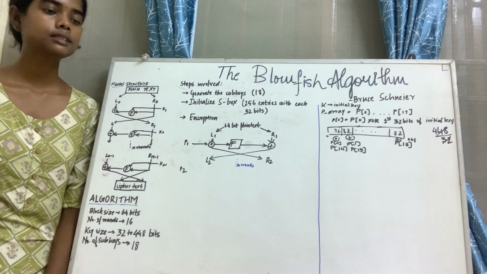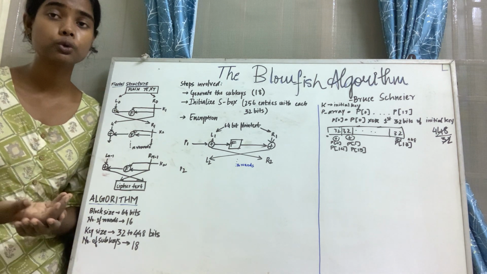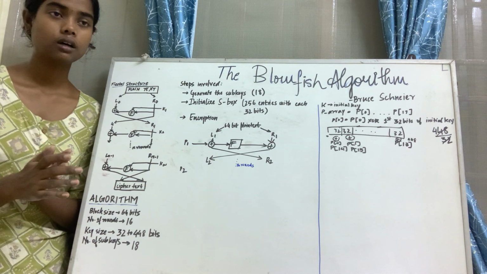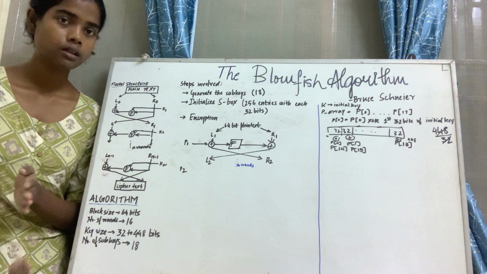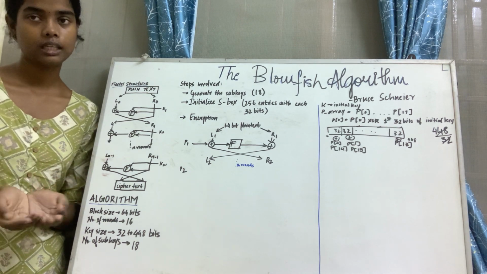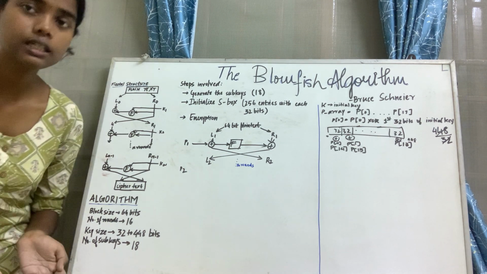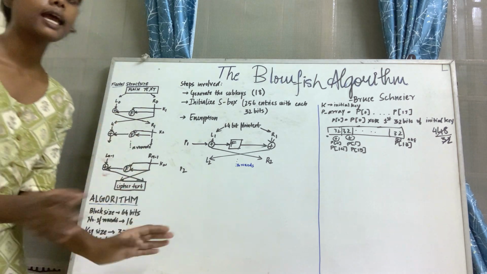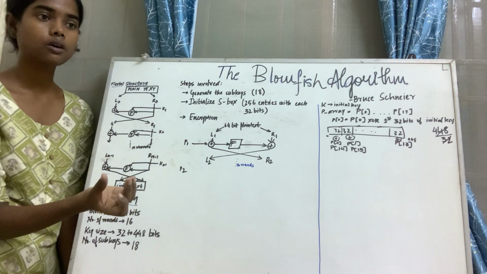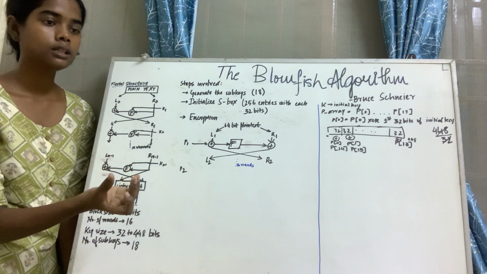Let's say we give it an input of size m. It will give an output of size n, but the values of m and n may not be the same. So we will be substituting those m bits with some other n bits, which is probably of lower size.